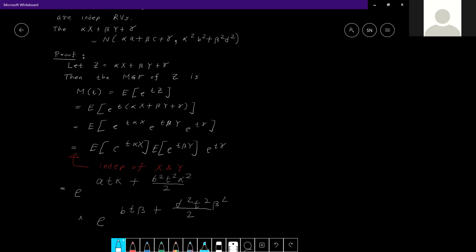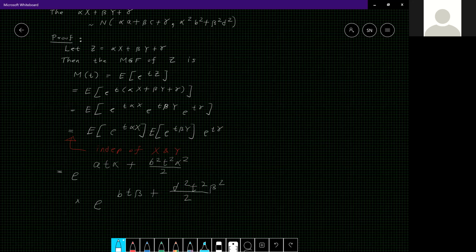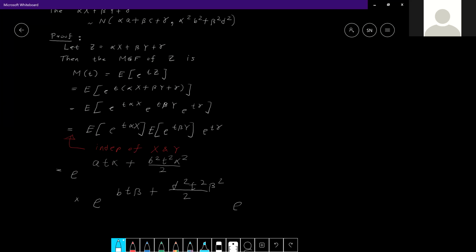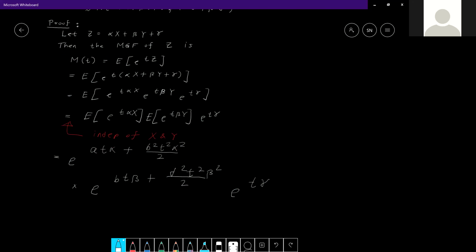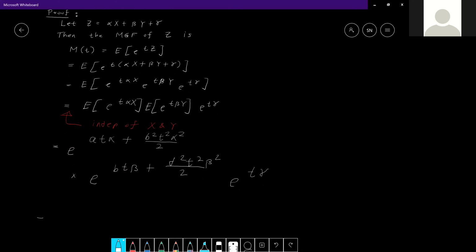And finally, you have the third term, which is e to the t gamma. Now, combining these three terms, remember the product of exponentials is the exponential of the sum.